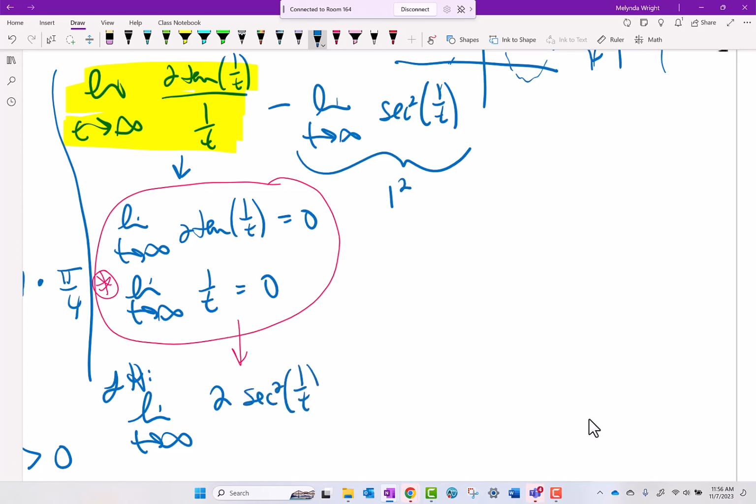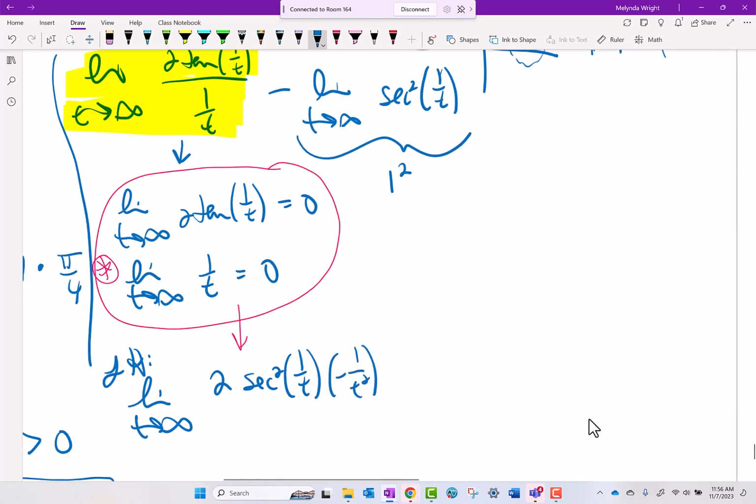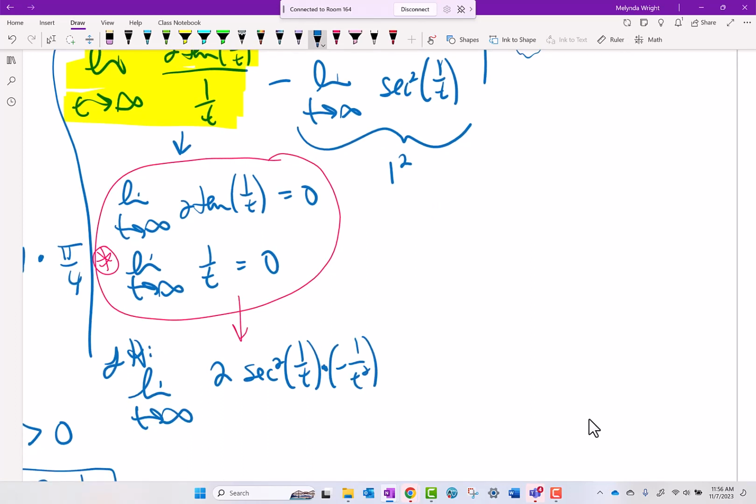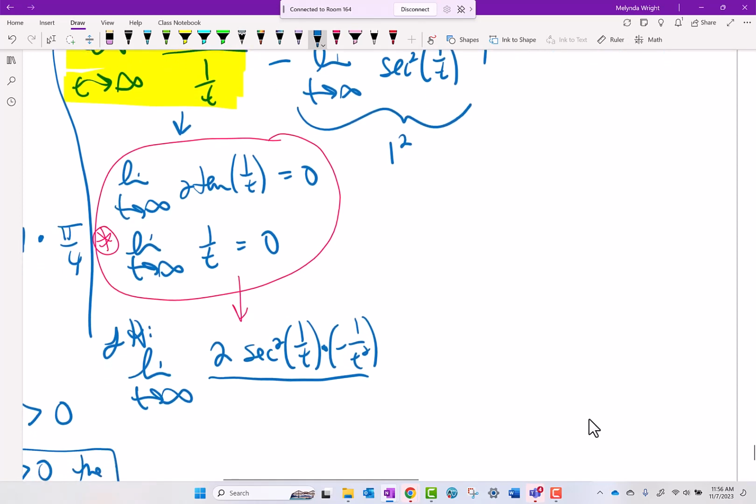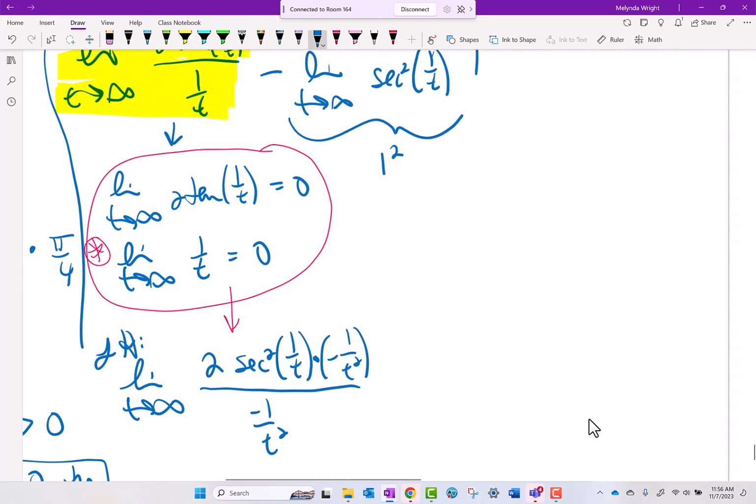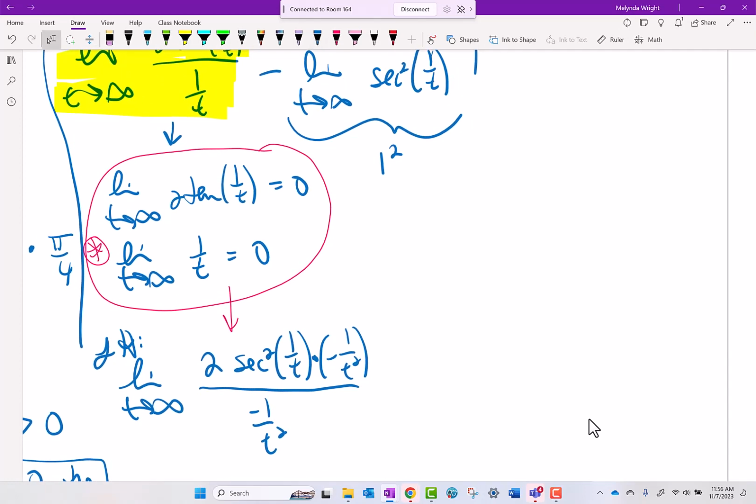Copy paste the inside. And we actually already did the derivative of t to the negative 1, didn't we? Remember that? That's negative 1 over t squared. That's multiplied. We're chaining it. Over the derivative of 1 over t, which is negative 1 over t squared. Excuse me, t to the negative 1.